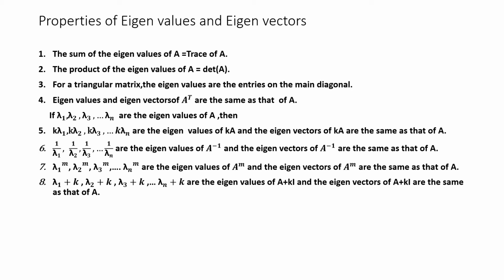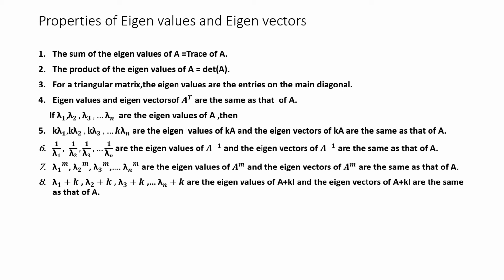The eigenvalues and eigenvectors of A transpose are the same as that of A. If we know the eigenvalues of the given matrix A, from that we can find the eigenvalues of kA, A inverse, A to the power of m and A plus kI. If lambda 1, lambda 2, etc. lambda n are the eigenvalues of A, then to find the eigenvalues of k into A, just multiply the eigenvalues of A by that constant k.